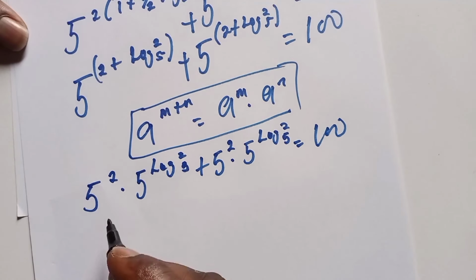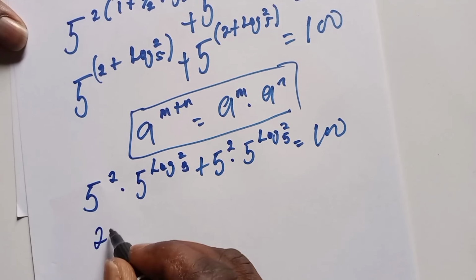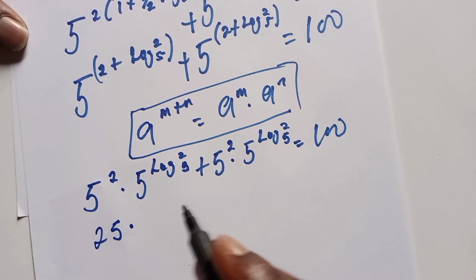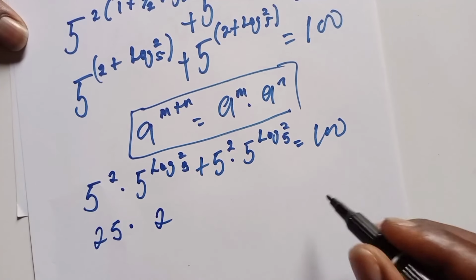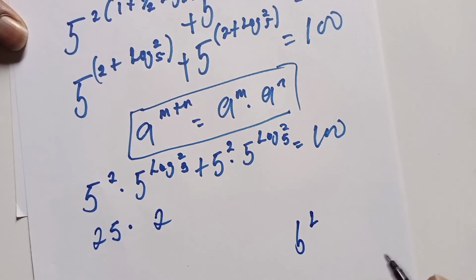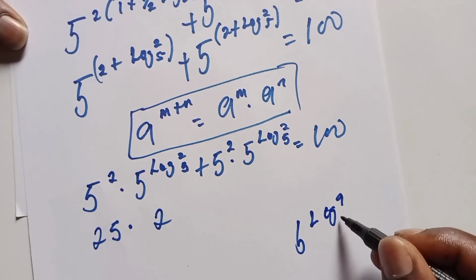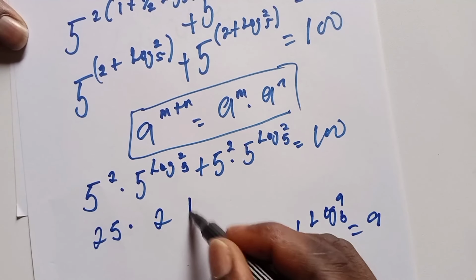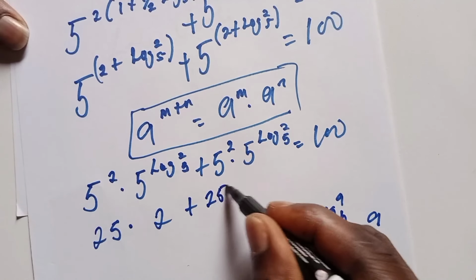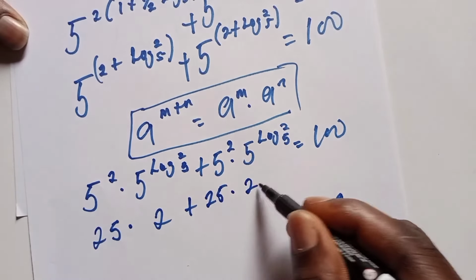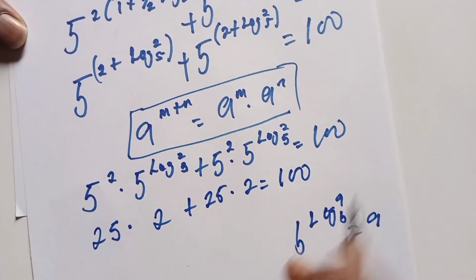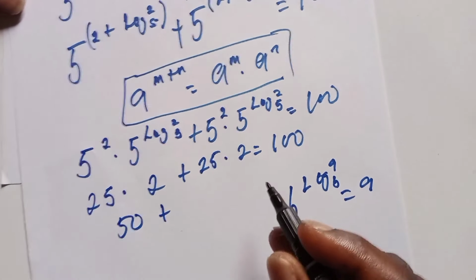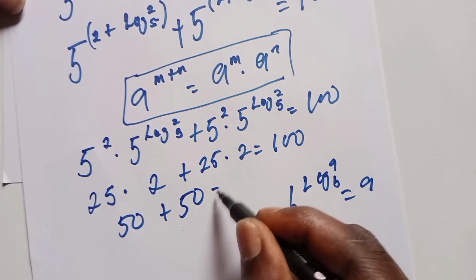So 5 squared is 25, and using the rule b raised to power log a base b is equal to a, 5 raised to power log 2 base 5 is 2. So plus 5 squared is 25 times 2, is equal to 100. From here, 25 times 2 is 50, and plus 25 times 2, which is 50. So this is equal to 100.